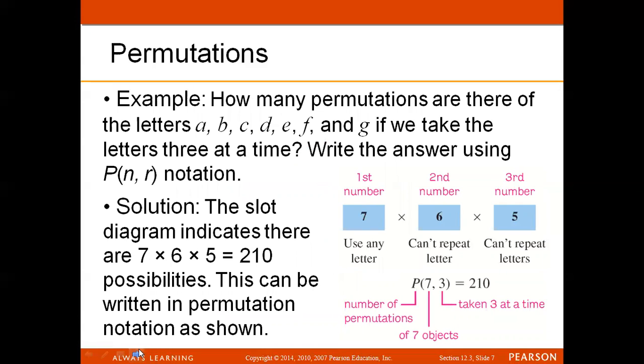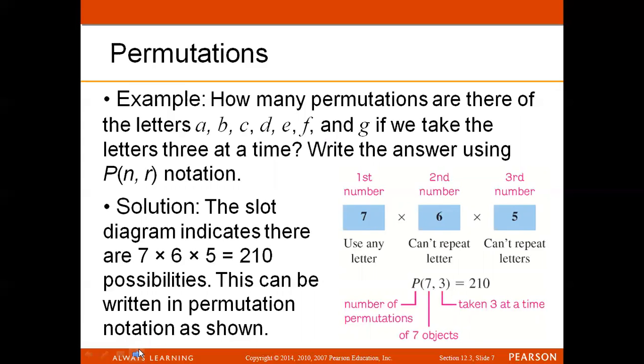How many permutations are there of the letters A, B, C, D, E, F, and G if we take the letters 3 at a time? Write the answer using the P(n, r) notation. The slot diagram indicates there are 7 ways to choose the first letter, 6 ways to choose the second because letters can't be repeated, and 5 ways to choose the third, giving us 7 times 6 times 5, or 210 possibilities.